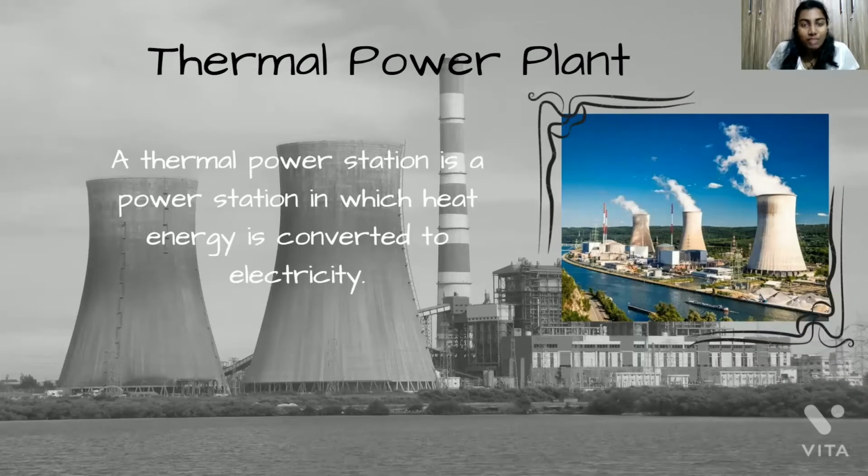The first conventional source of energy we will be looking at is the thermal power plant. So what is a thermal power plant? A thermal power station or a coal-fired thermal power plant is by far the most conventional method of generating electric power with a reasonably high efficiency.